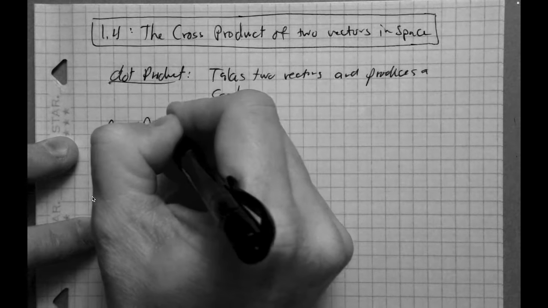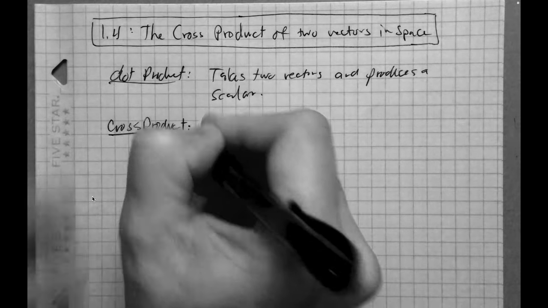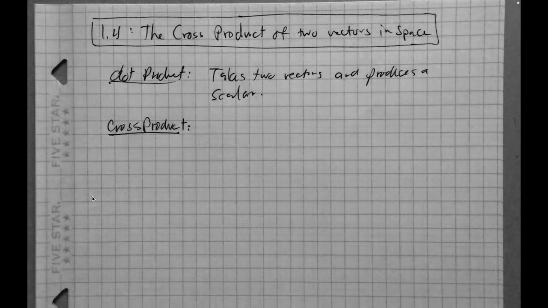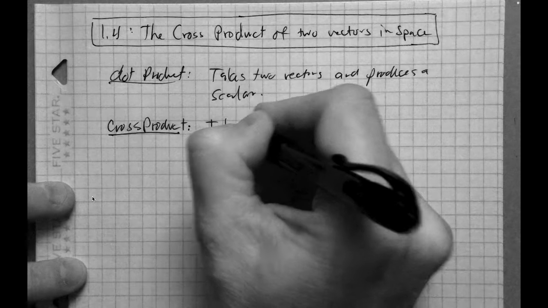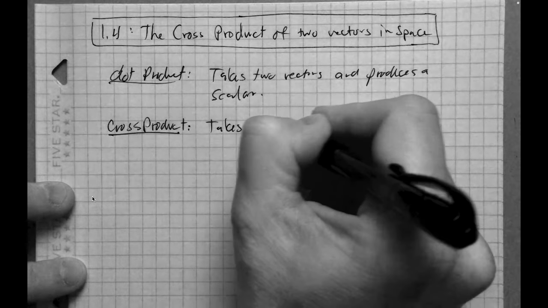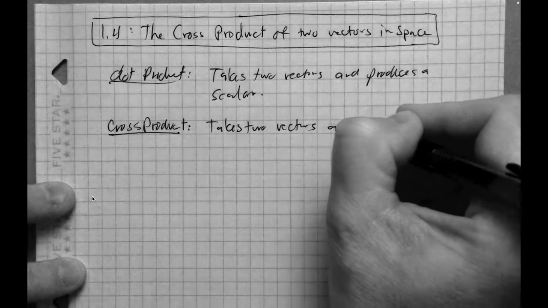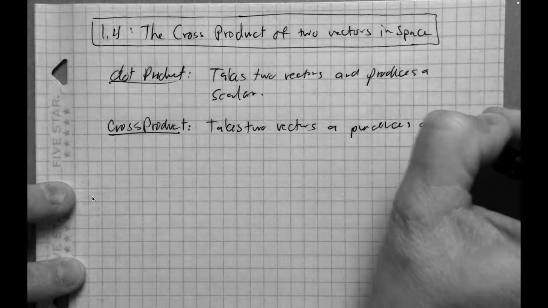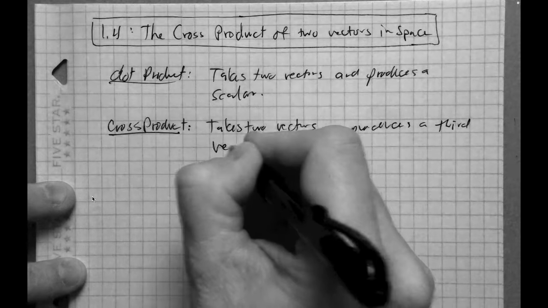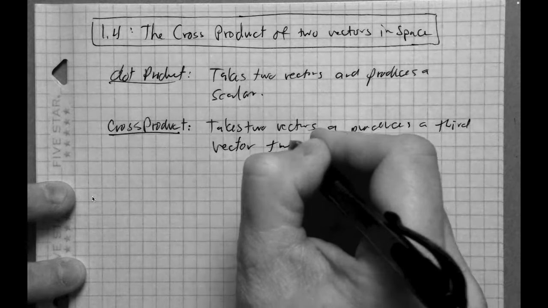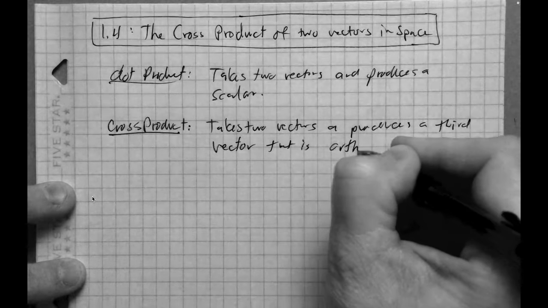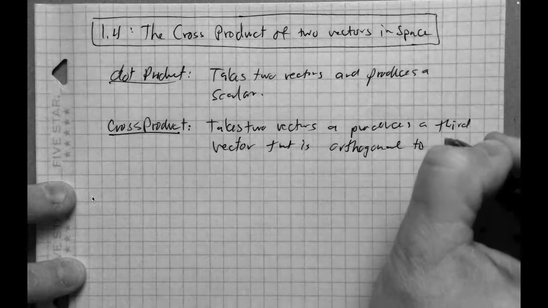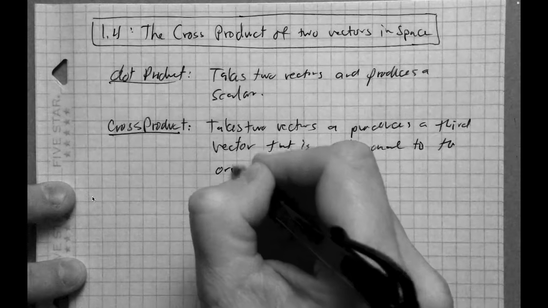Right, so this is another product, another operation that you can run on vectors. It takes two vectors and produces a third vector that is orthogonal to the original two.